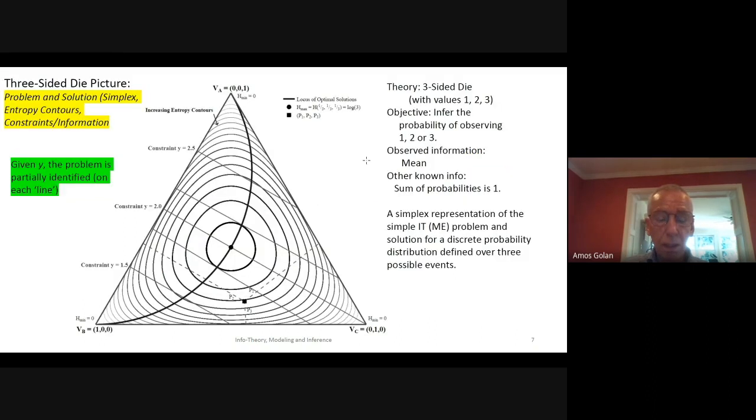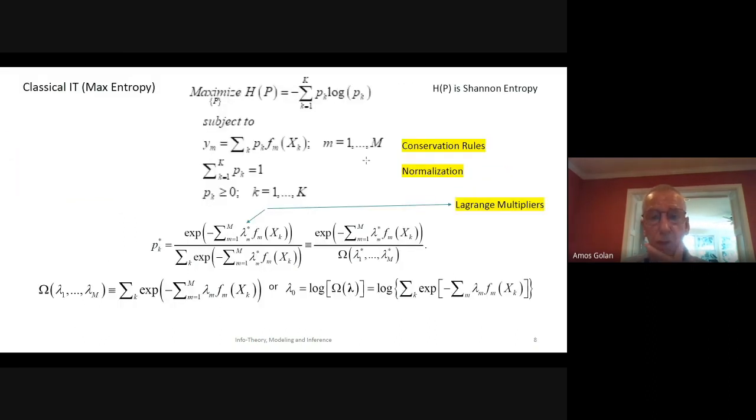And now I'll briefly show it more mathematically. Let's start with the constraints. The constraints here I wrote in a general way. Those are some kind of moments. It could be the mean, it could be any type of moment. So we have here m equals 1 to M different constraints. You can think about them as moments or conservation rules.